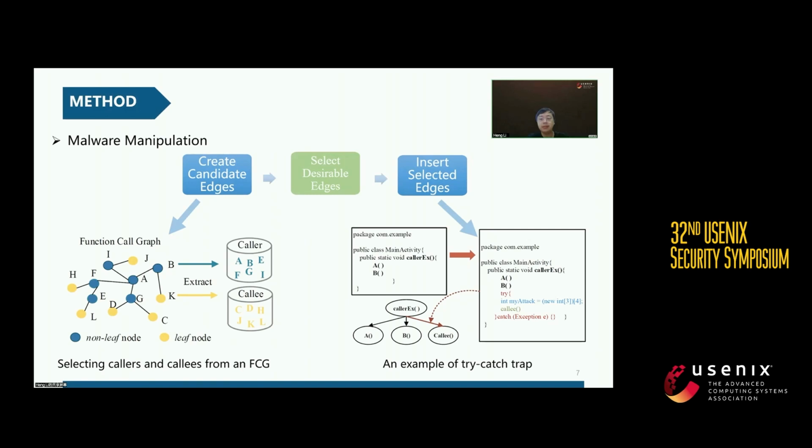These statements are used to trigger a pre-selected exception. By doing so, try-catch-trap can carefully construct runtime exceptions that are difficult to determine during static analysis, hence possessing the ability to resist static analysis.